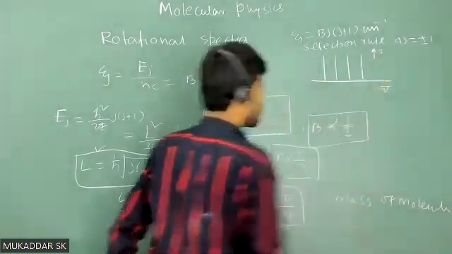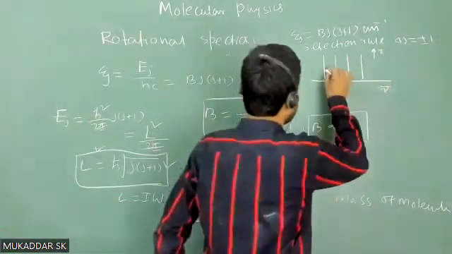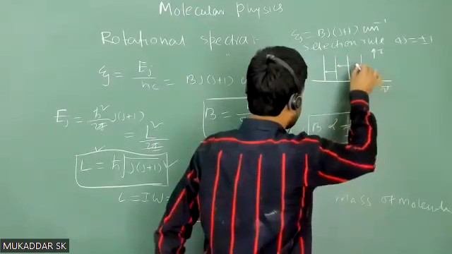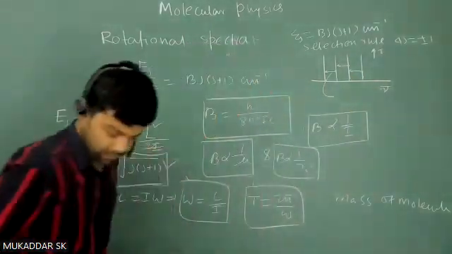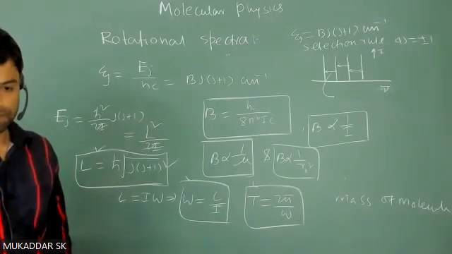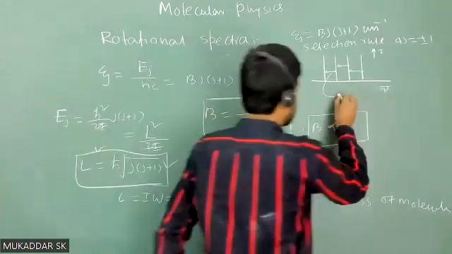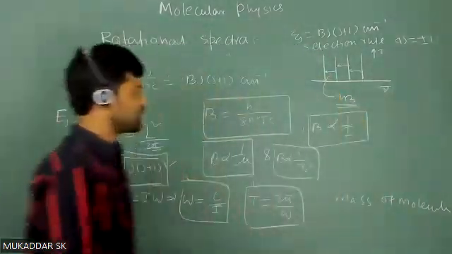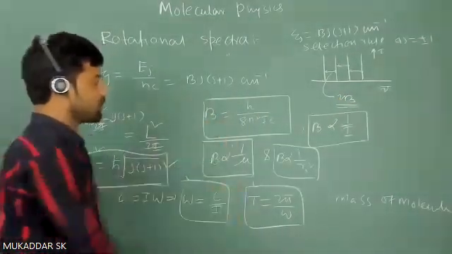So you'll see that rotational spectrum contains many lines, but important चीज क्या है, they are equally spaced, और spacing between two successive rotational lines ये कितना होती है, जो स्पेक्ट्रा में मिलती है, एक्चुअली, tell me how much is the spacing. 2B, exactly it will be 2B, right? So that rotational lines are equally spaced, और जो spacing होती है that is 2B, and B you know how to calculate, right?